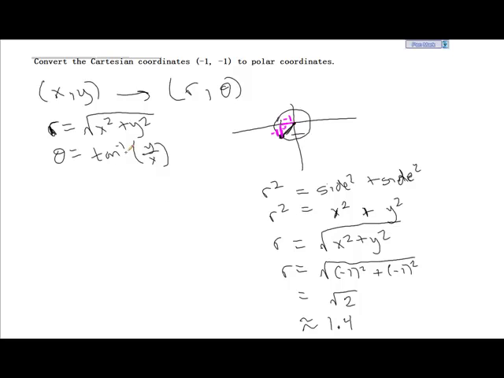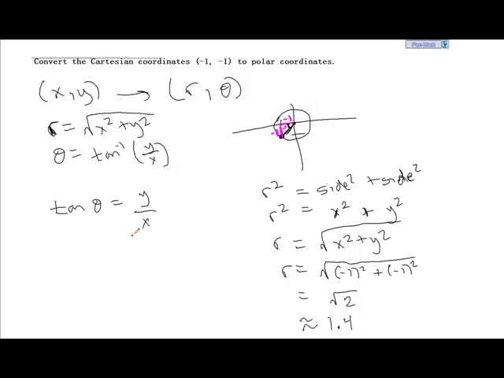Similarly, we're trying to find this angle right there, and we have the opposite and the adjacent of that angle. I know that opposite over adjacent is what tangent of theta measures. So tangent of theta is equal to y over x, because y is the opposite and x is the adjacent.